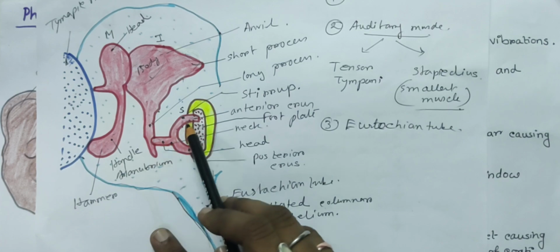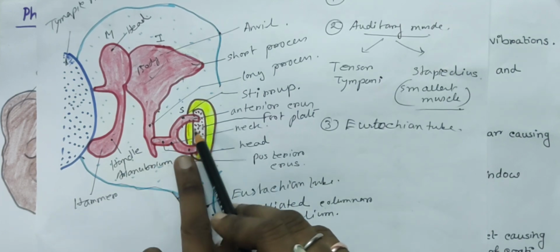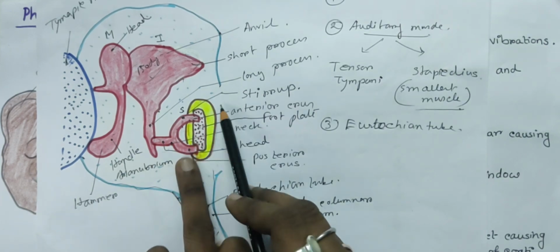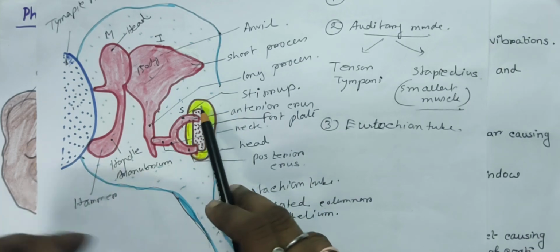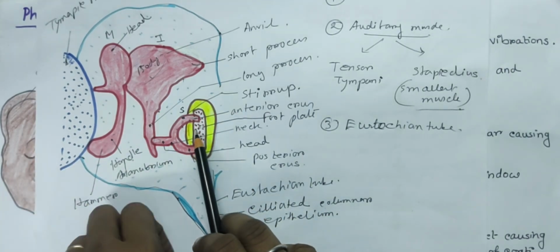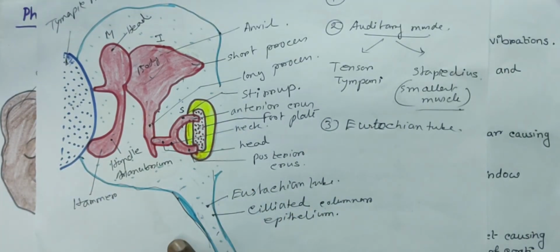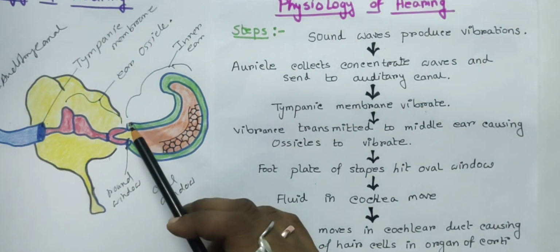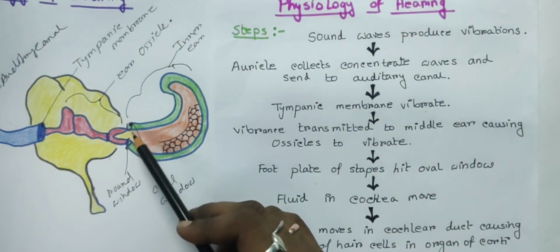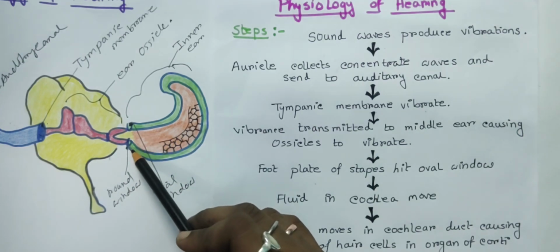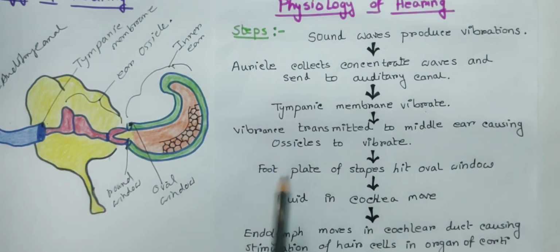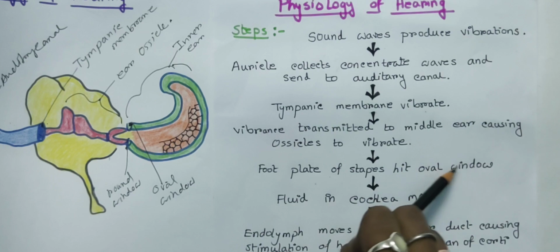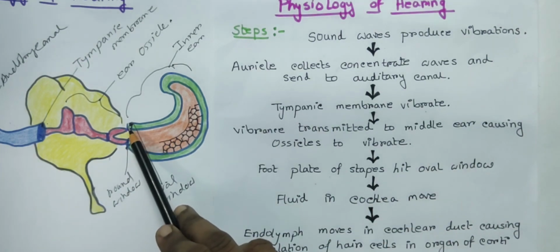When the vibration comes from the stapes, that foot plate vibrates. And this is the oval window. In the upper part there is an oval window. So the foot plate is attached with the oval window, and below the oval window there is a round window. So what happened? Foot plate of stapes hits the oval window.